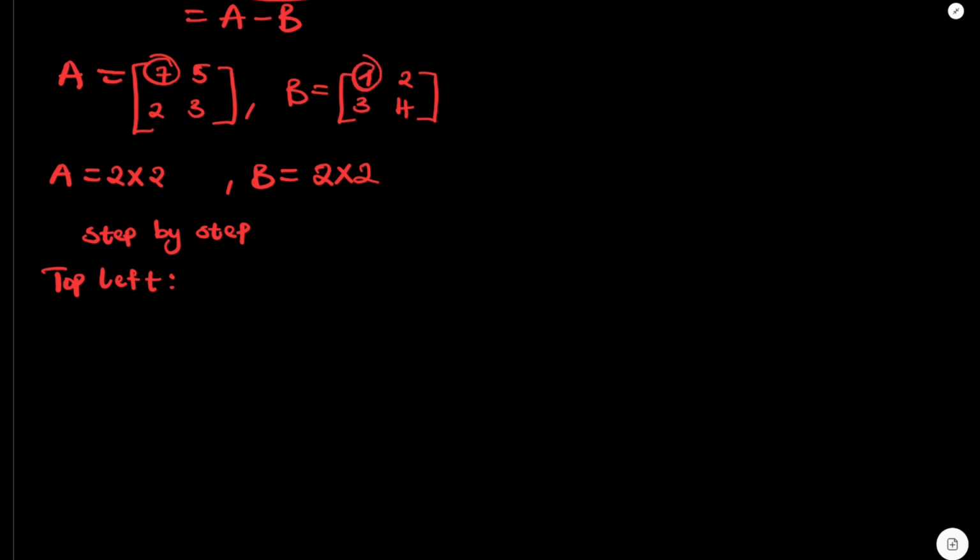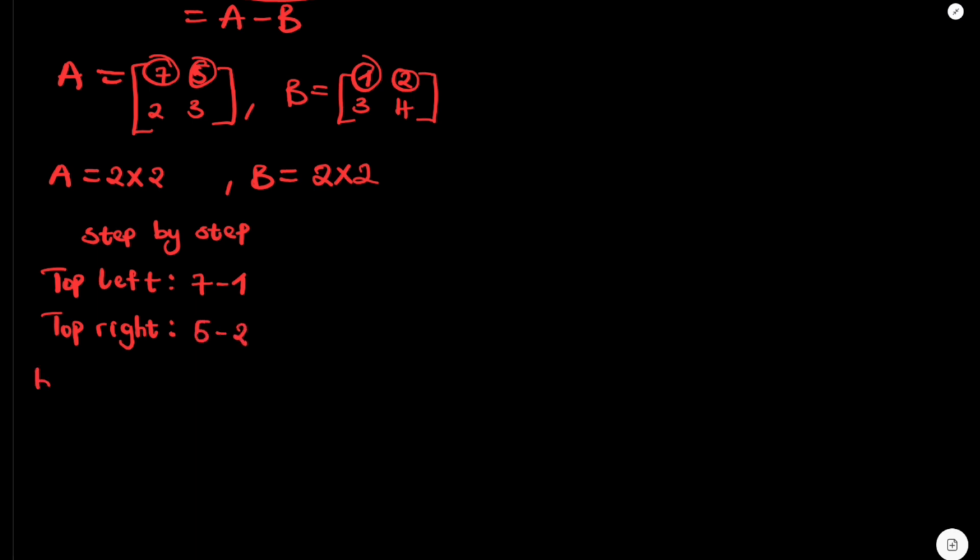Remember, they are in the same position. Do not mix the positions. So we can subtract them: 7, sorry, this is minus, 7 minus 1. We take the top right position. We have 5 and we have 2. We subtract 5 minus 2.